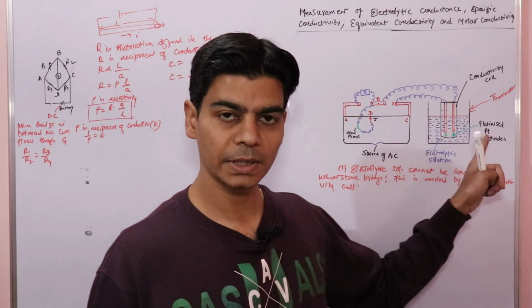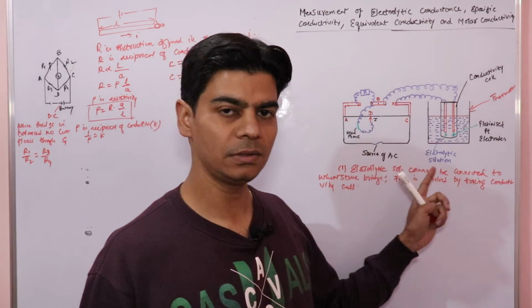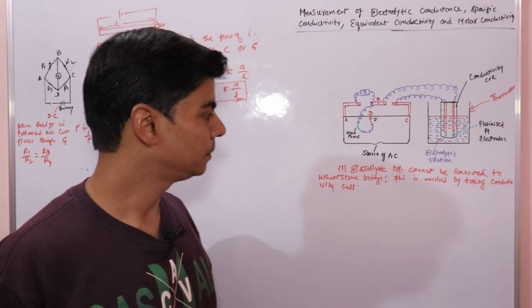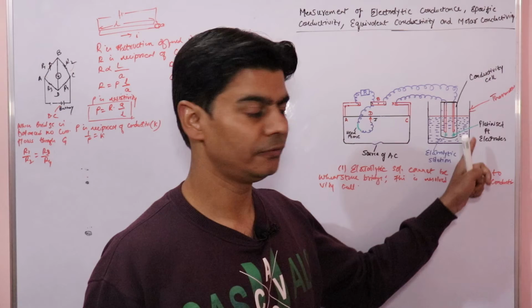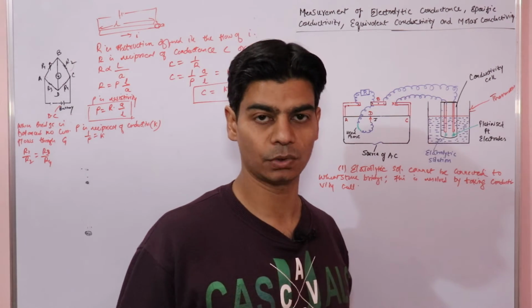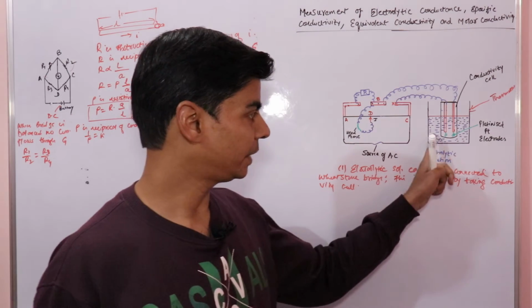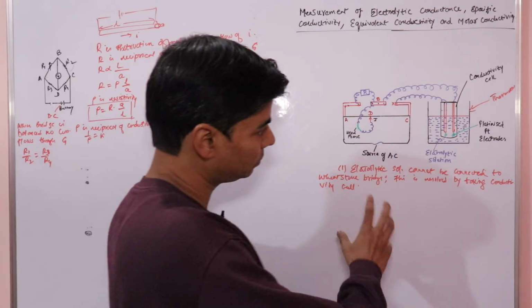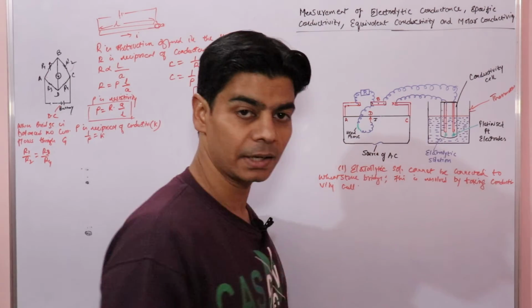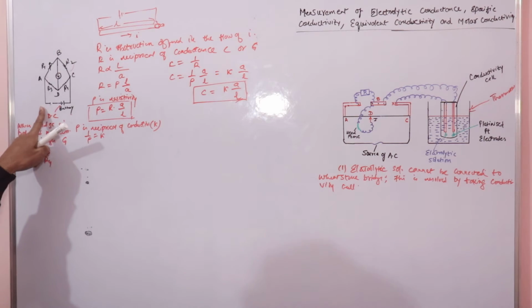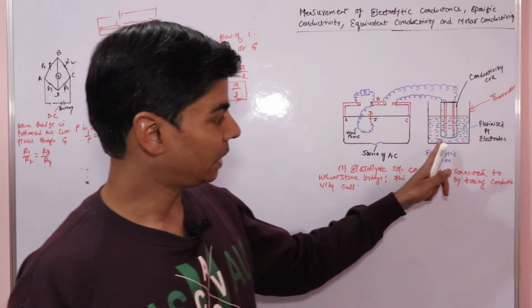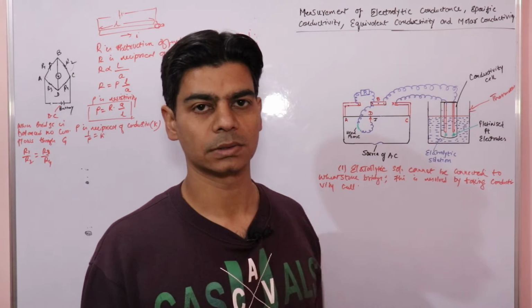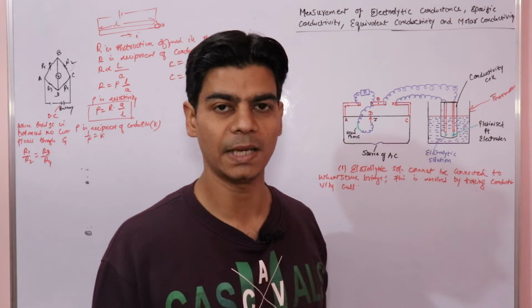But here, in this situation, we are trying to find the conductance of this electrolytic cell. We are trying to find the conductance of this electrolyte, or we are trying to find the resistance of this electrolyte. So if I pass electric current, say direct electric current like I am passing here, then that direct electric current will cause electrolysis in this conductivity cell.